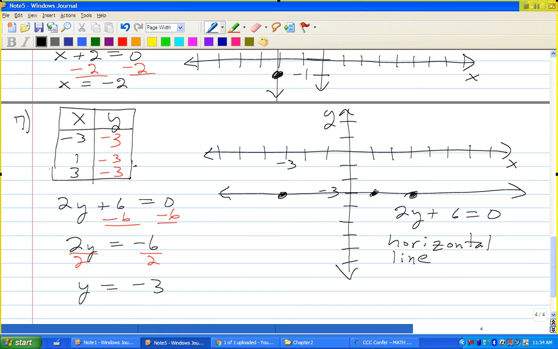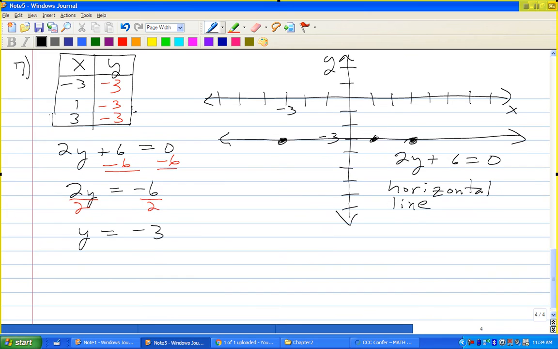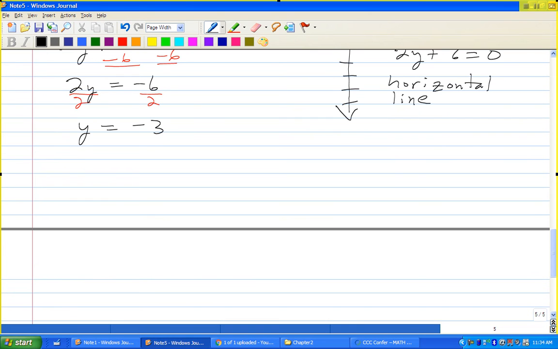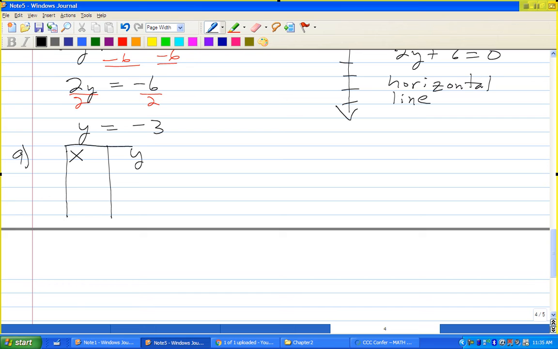Let me do problem 9. Okay, so I have x is 3, -3, 0.